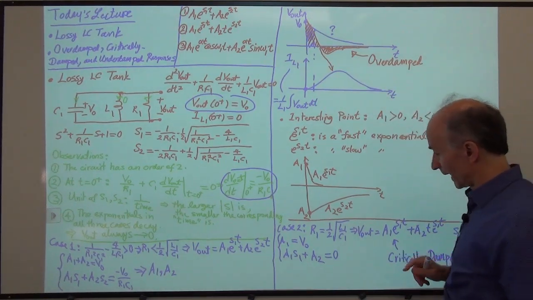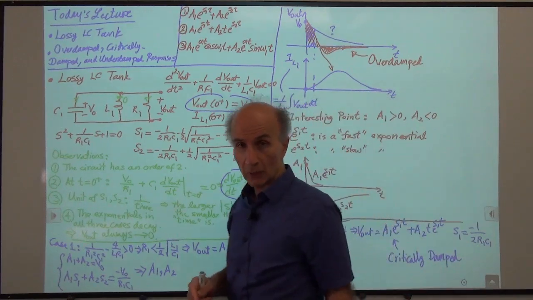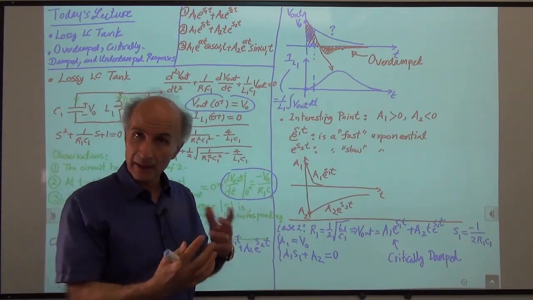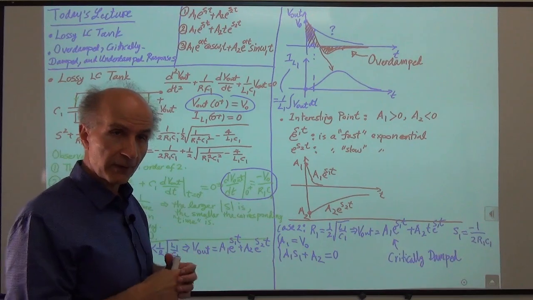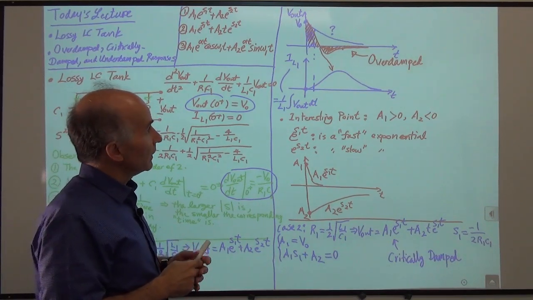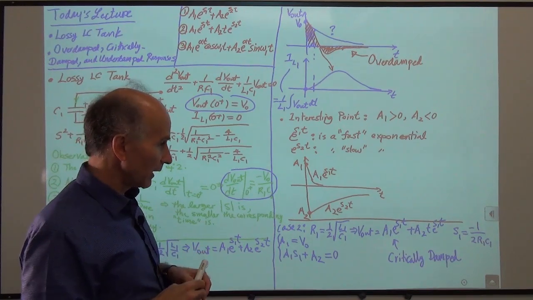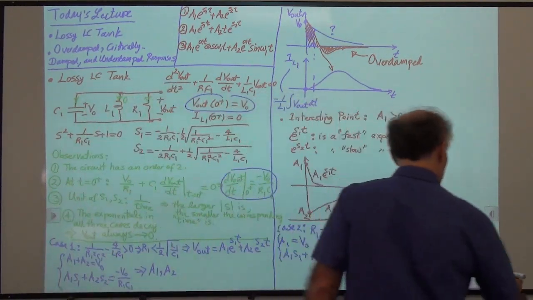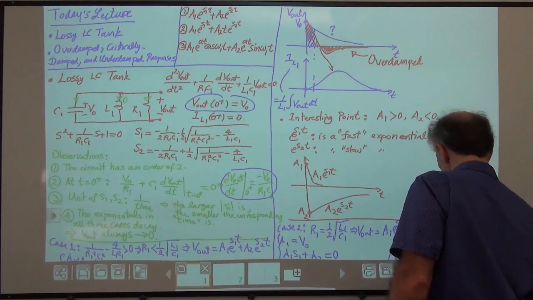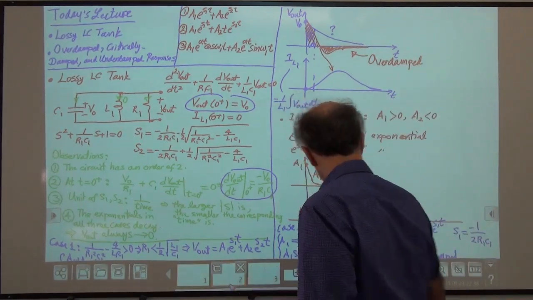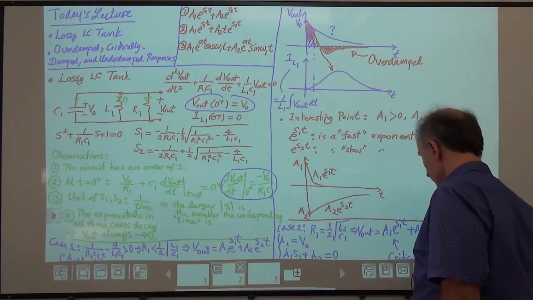This is called critically damped. What's the difference? If I look at the waveforms, how can I tell whether one is true or the other? All right, so we have to draw this very carefully. For that, I will go to the next page to show you how overdamped and critically damped look different.